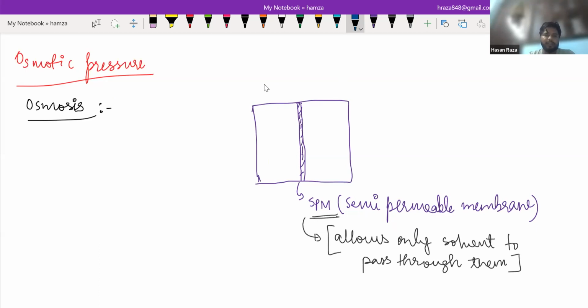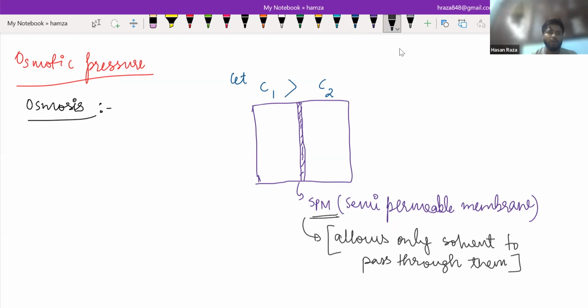Now see, there is a solution on the left hand side, and just call it C1, that means concentration 1, and C2. Concentration on the left chamber of the container is C1, and on the right chamber it's C2. And let's say concentration in C1 is greater than C2.